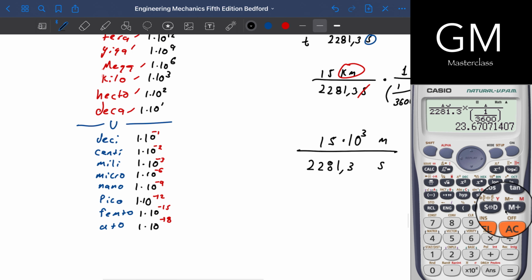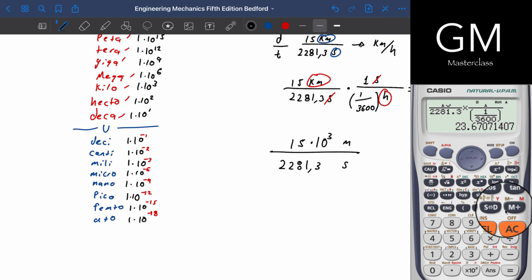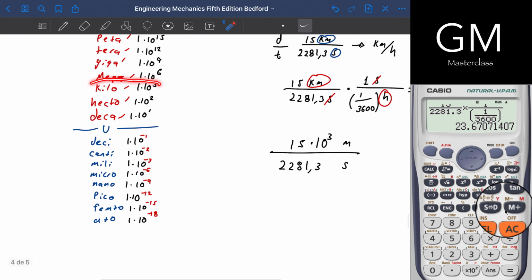And because of that, I know that kilo is equal to 1 multiplied by 10 to the third power.